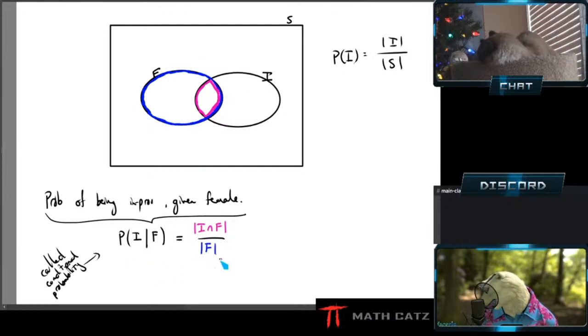It's a reduced sample space. Because of this given information, it's fact, I can use it, and it changes the probability. It changes the chances of getting an in-province person because I'm restricting myself to just females because I know it's a female.